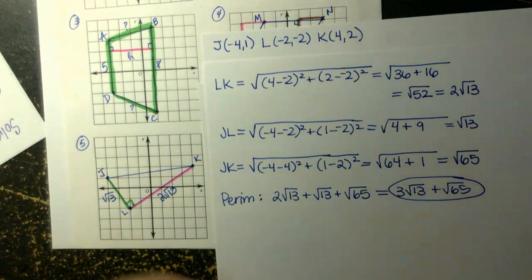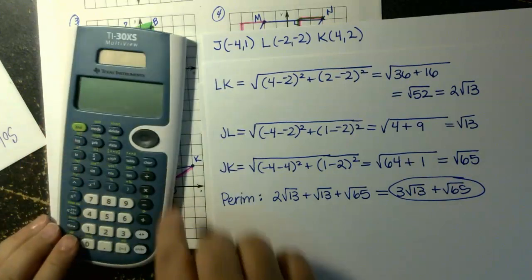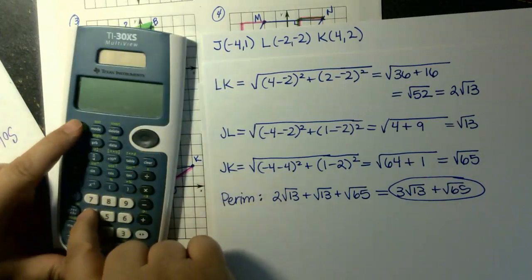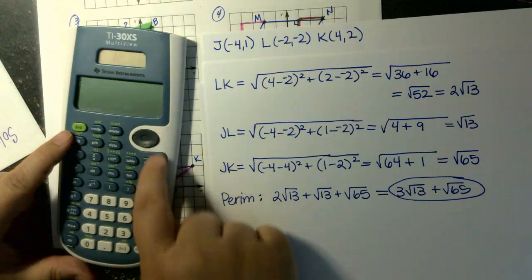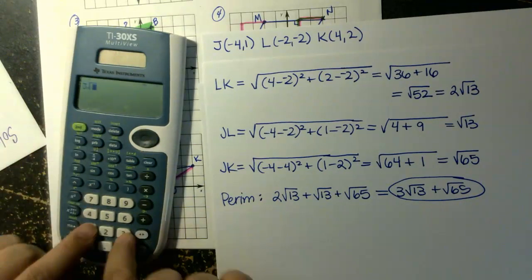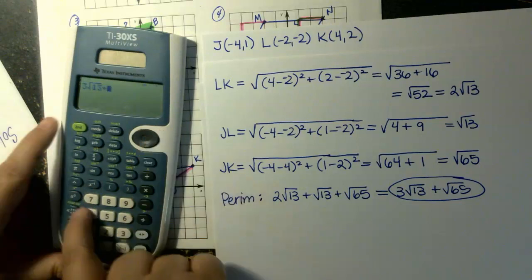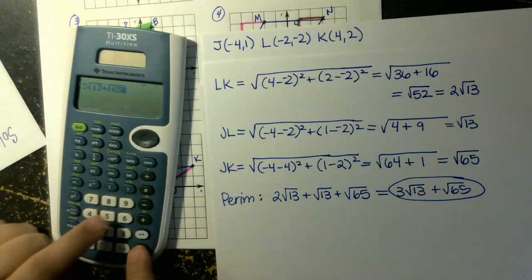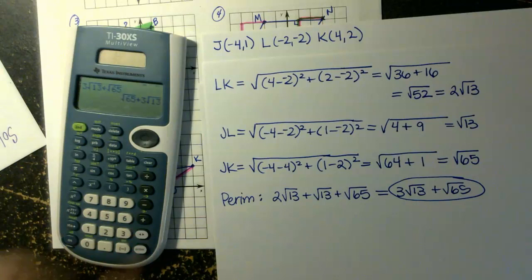There's the exact form answer. Let's go ahead and change that to a decimal. Let's turn on the calculator before we try to do that. That's always helpful. And we get 18.88.